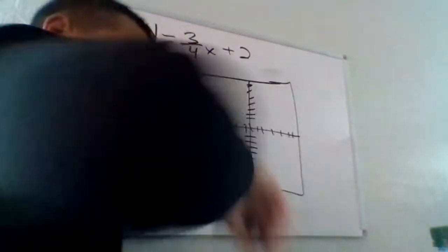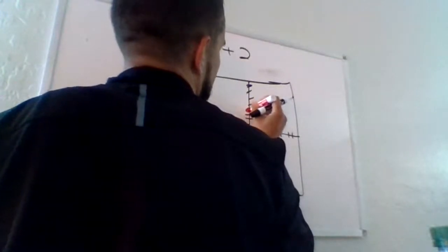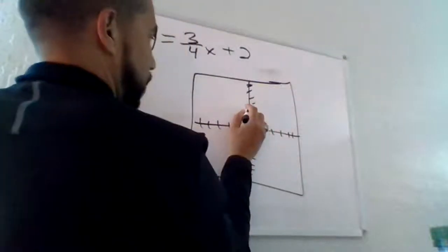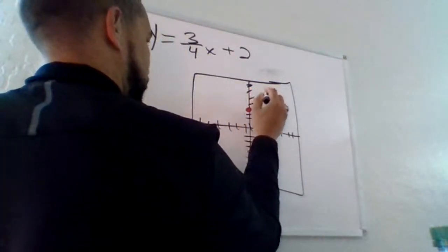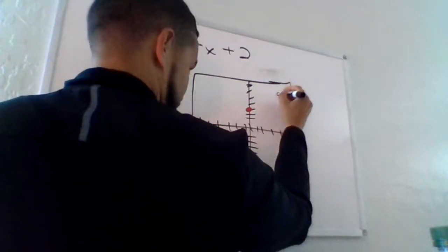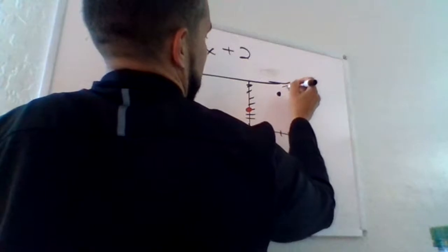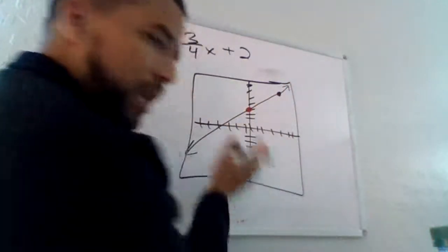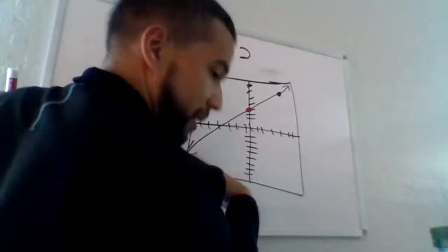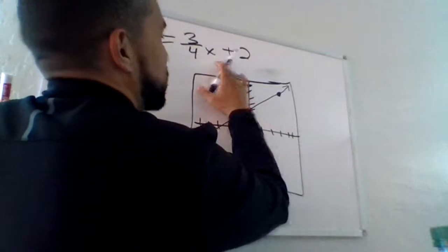I would put my point there. This is where we're going to start. Then I would rise 3: 1, 2, 3. And I'm going to run 4: 1, 2, 3, 4. I'm going to put another point there. Then I'm going to create a line. We're going to talk about shading above the origin and everything else later on. But this is how we graph our slope-intercept form.